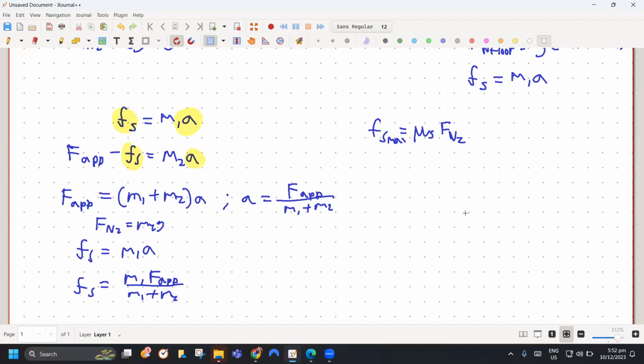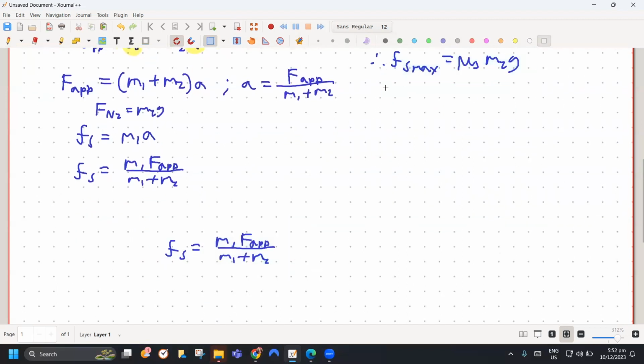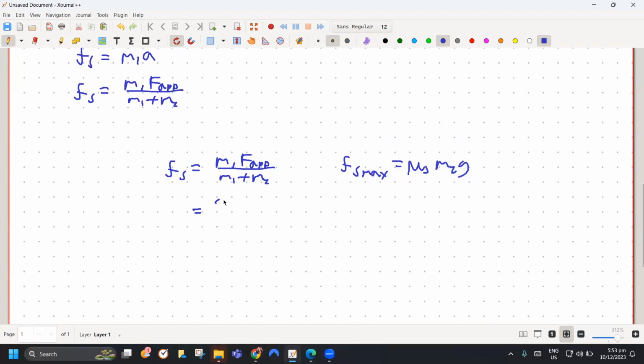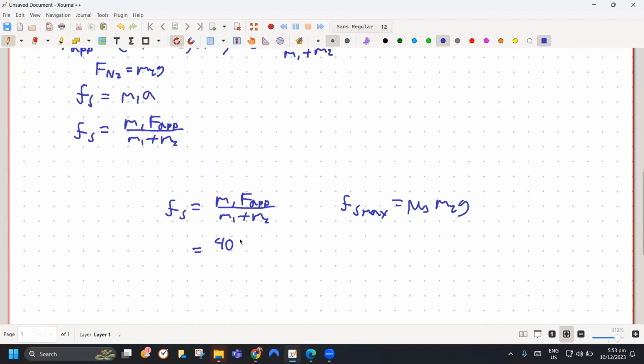Therefore Fs max equals mu s times M2g. Now put that beside the Fs we computed, which is M1 F applied over M1 plus M2.